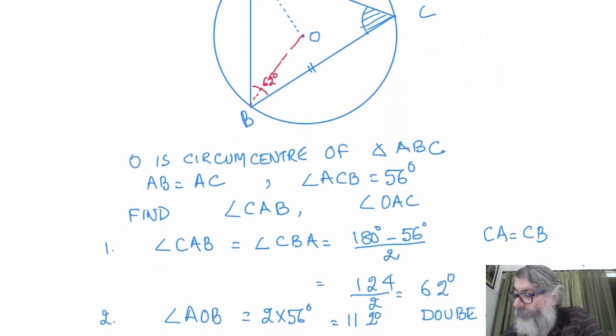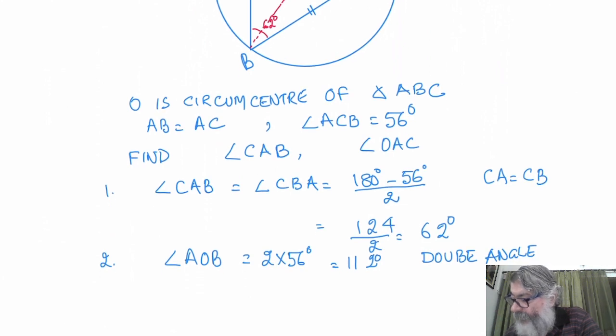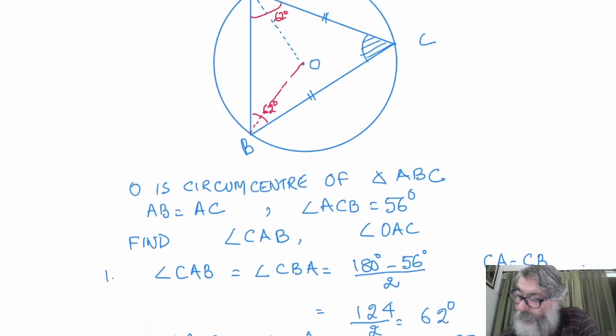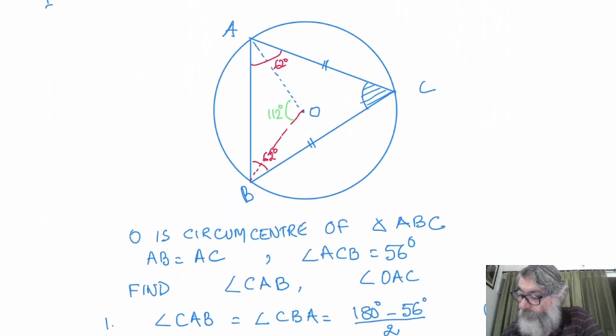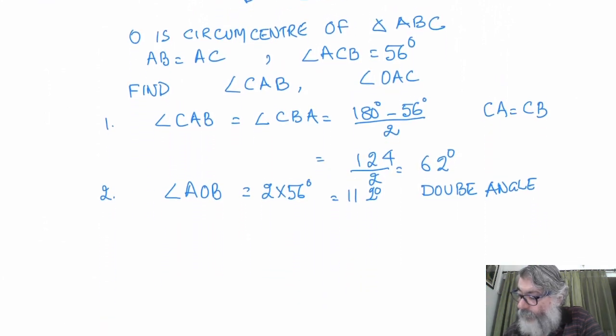Now we will do this in some other color. This has come out to be 112. Now please notice triangle OAB.